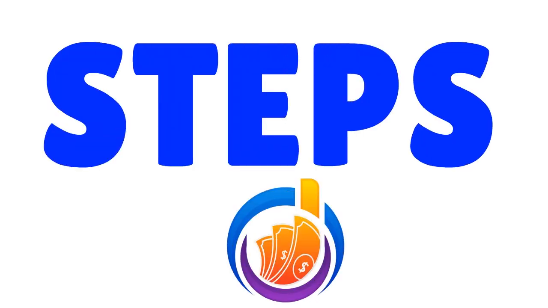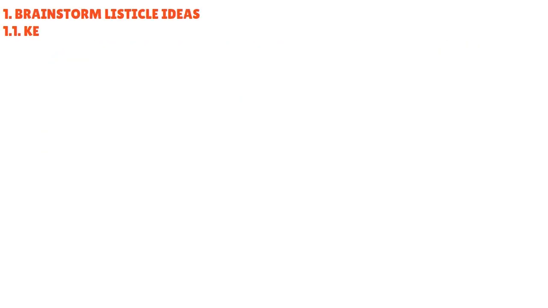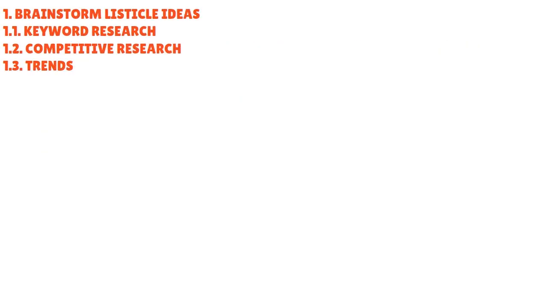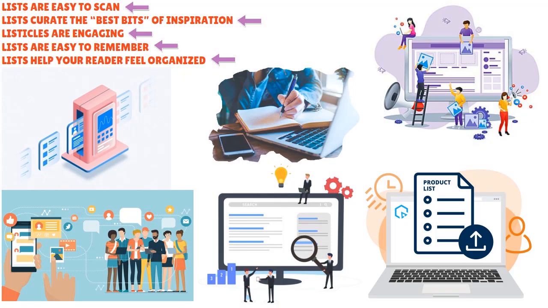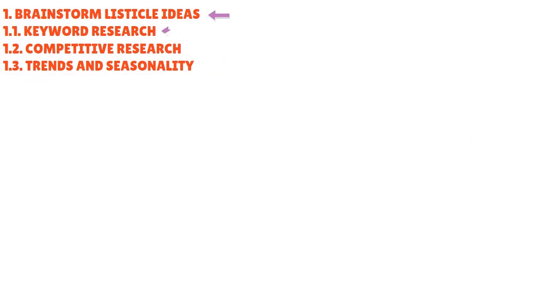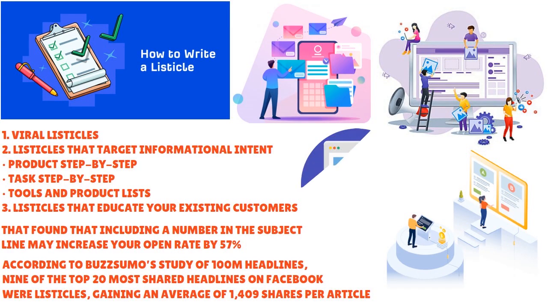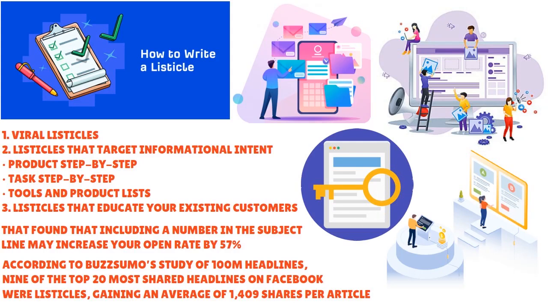So let me give you the steps here in terms of writing listicles that drive traffic and conversions. First of all, you want to brainstorm listicle ideas, okay? Like with any content ideation process, there are lots of ways to brainstorm effective listicle ideas, including keyword research. In terms of keyword research, this is a great starting point for any content ideation process, including listicle ideation.